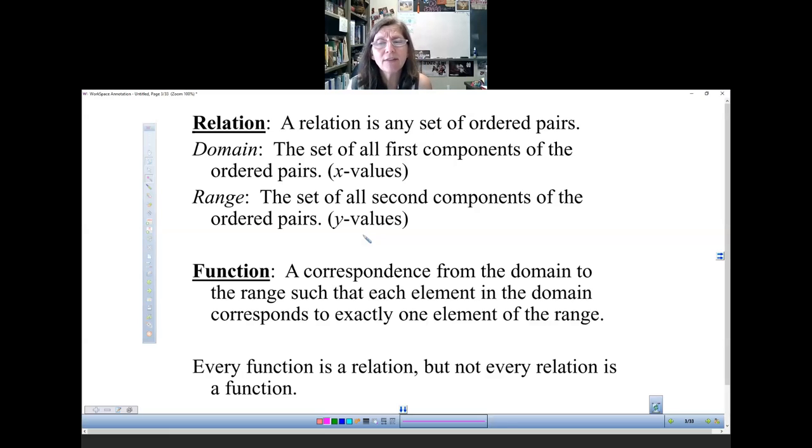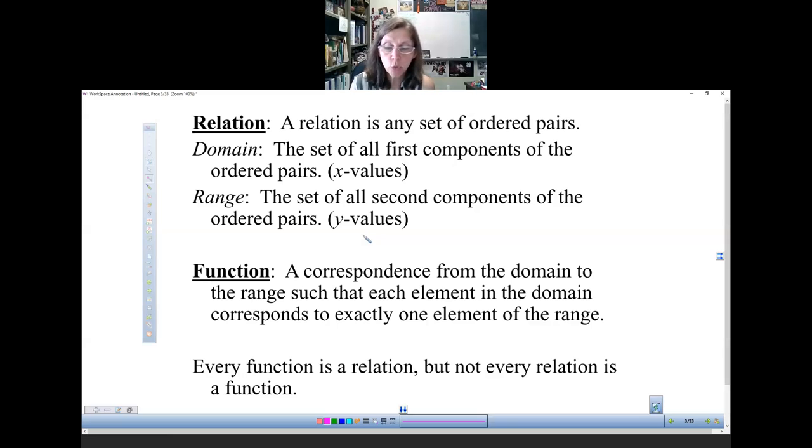If you have a very special relation where each value in the domain corresponds to only one value in the range, in other words, there are no repeated x values, then this particular relation is called a function.